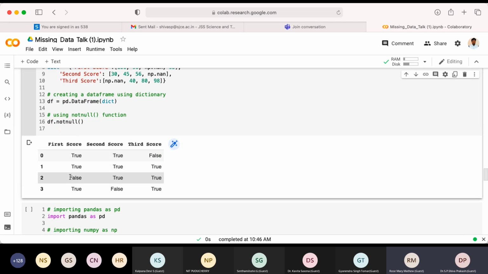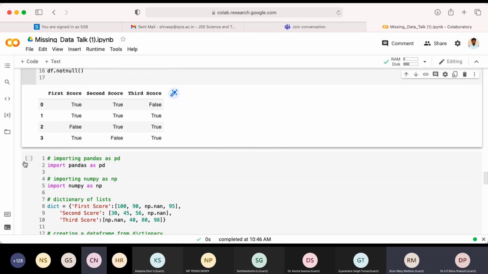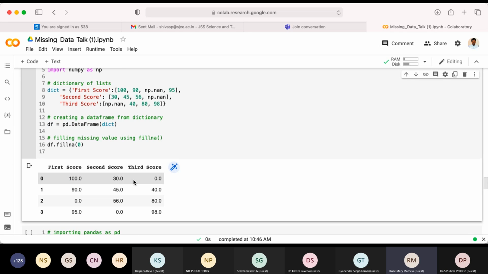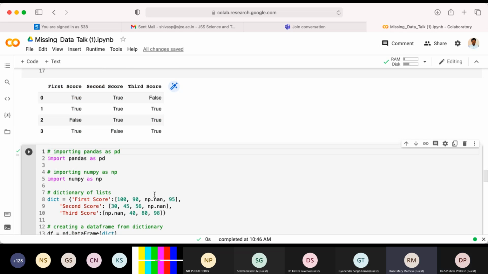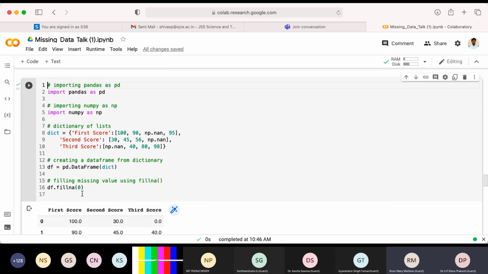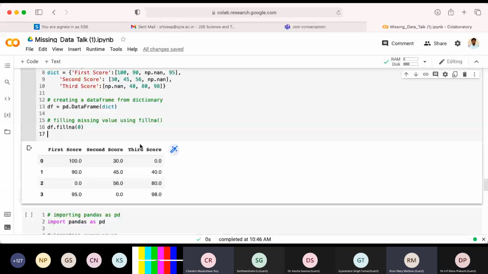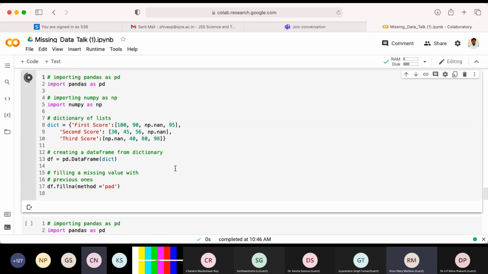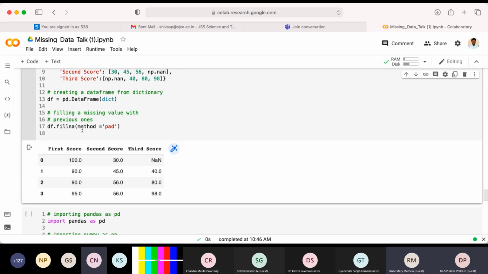Again, here it displays the notnull, right? Fill, you can see this filling the values, we try to fill the missing value with padding here, right?